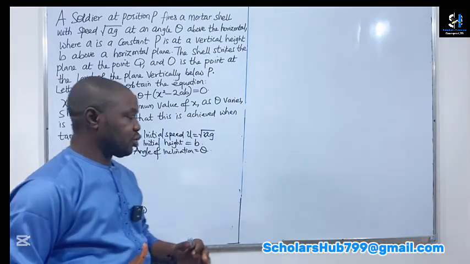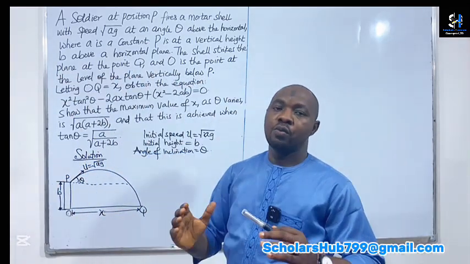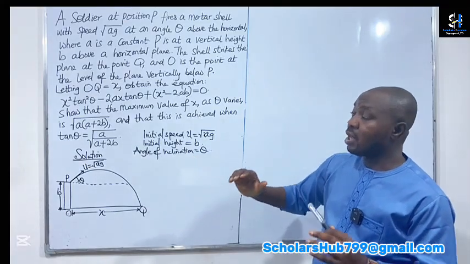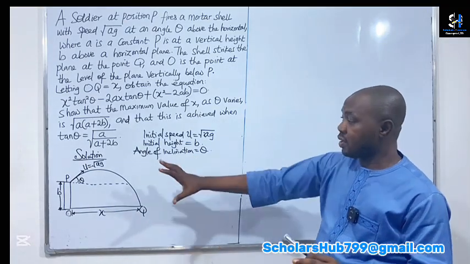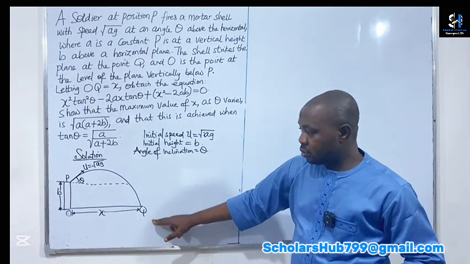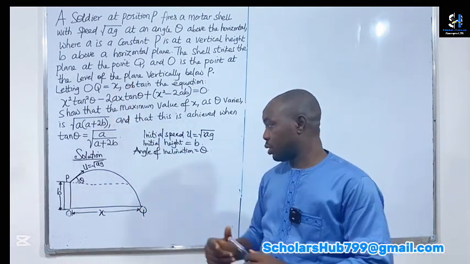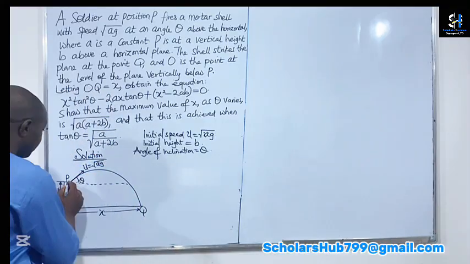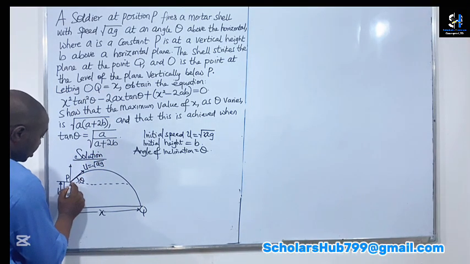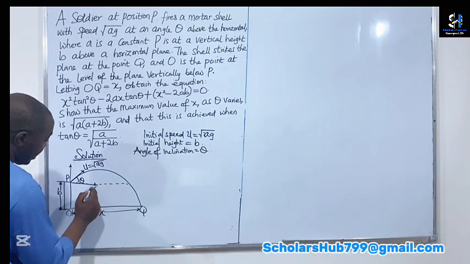Now, when we look at this question, there are only two possible motions as far as this diagram is concerned. We have the horizontal motion and the vertical motion. This is the y-axis, and this represents our x-axis.